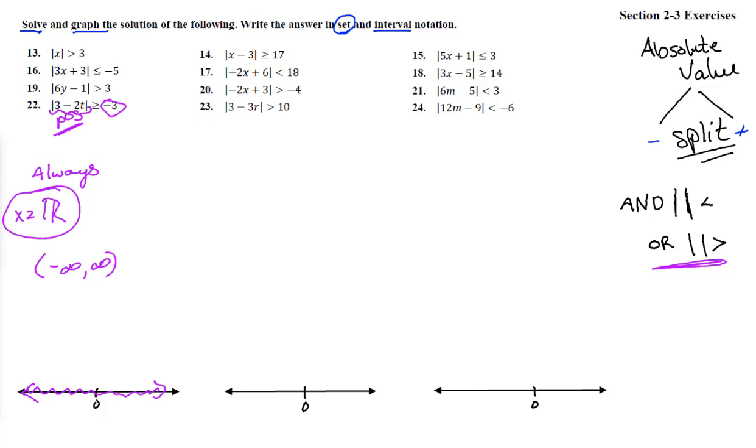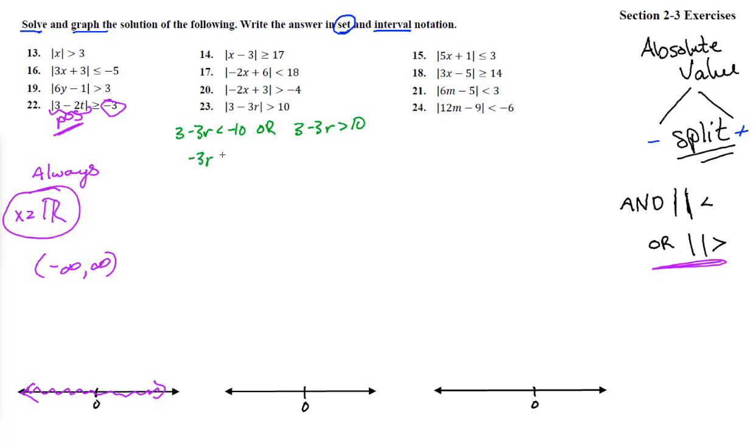Number 23. Absolute value of 3 minus 3r greater than 10. This is an or statement because we have to be bigger than 10 or less than negative 10. 3 minus 3r is bigger than 10 or 3 minus 3r is less than negative 10. Subtract 3 from both sides.